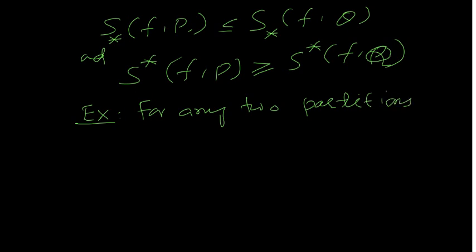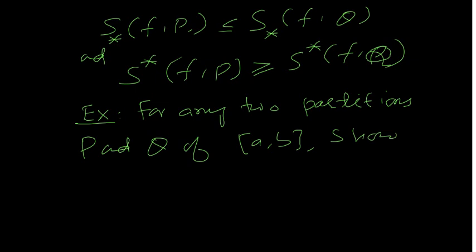So next exercise: for any two partitions P and Q of [a, b], show that this lower sum is always less or equal to the upper sum.